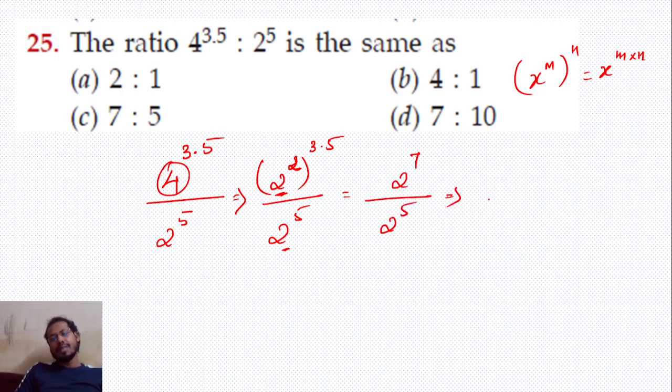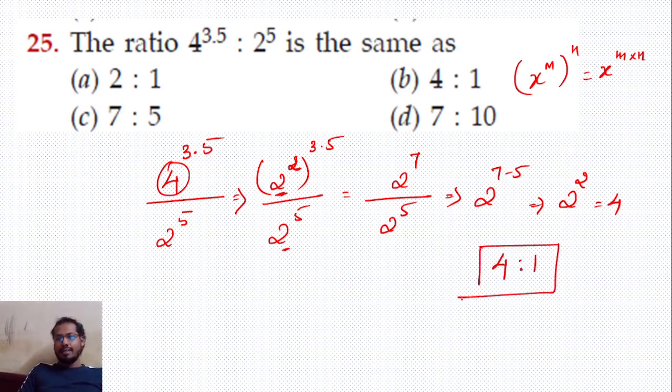Now base values are the same, so 2 power 7 minus 5, that is 2 square. 2 square is 4. So 4 is to 1 is the right answer. The denominator is already 1, so 4 is to 1 is the right answer.